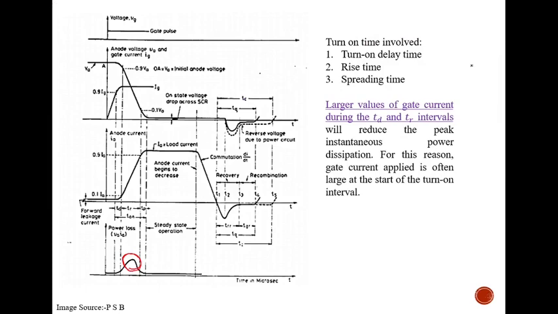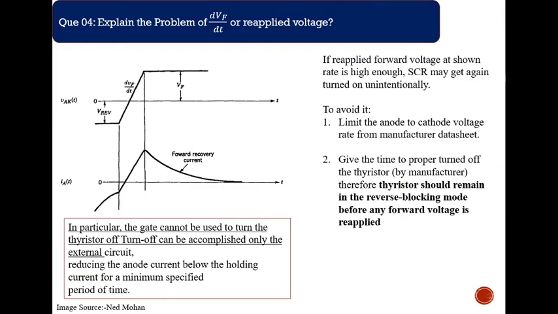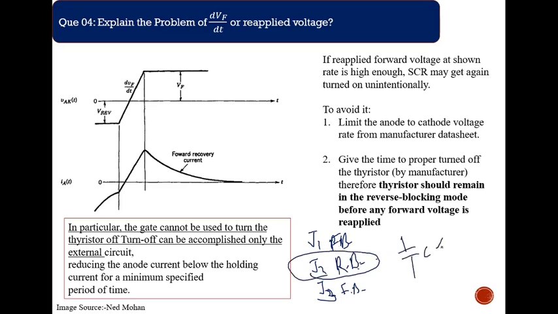So here is the important point. When J1, J2, J3 are forward biased in forward blocking mode, remember, forward blocking mode, the reverse biased junction acts like a capacitor. What is the charging current involved?